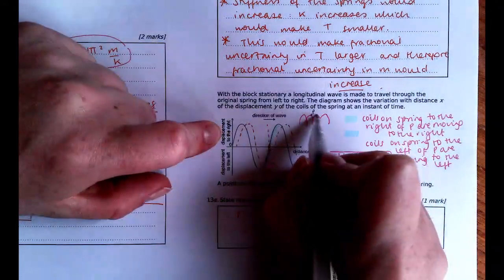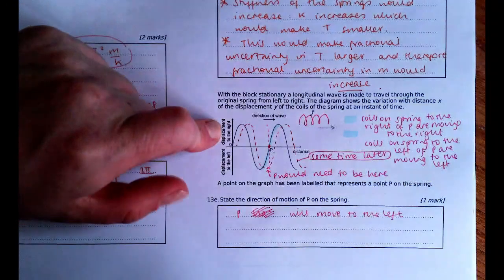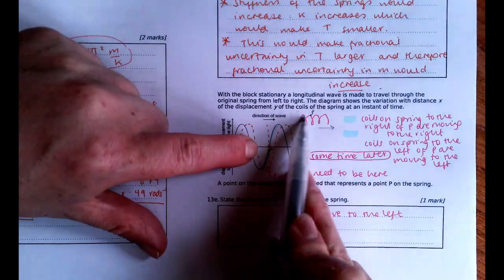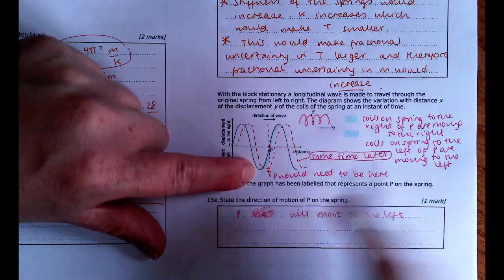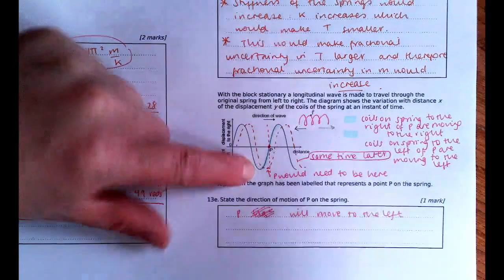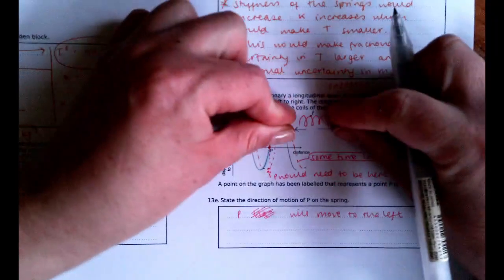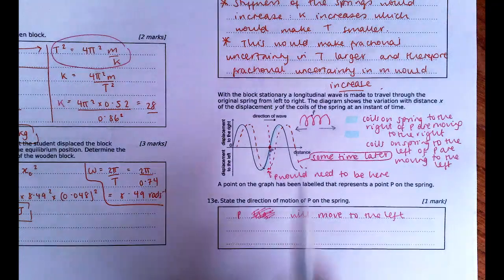So these bits are extending outwards to the right. Anything physically to the left of P, so here, has been displaced down to the left. So that has moved this way. So this is where we take this spring and we stretch it out this way. So that must mean P is in the middle of where it's really stretched out, and that's a rarefaction.